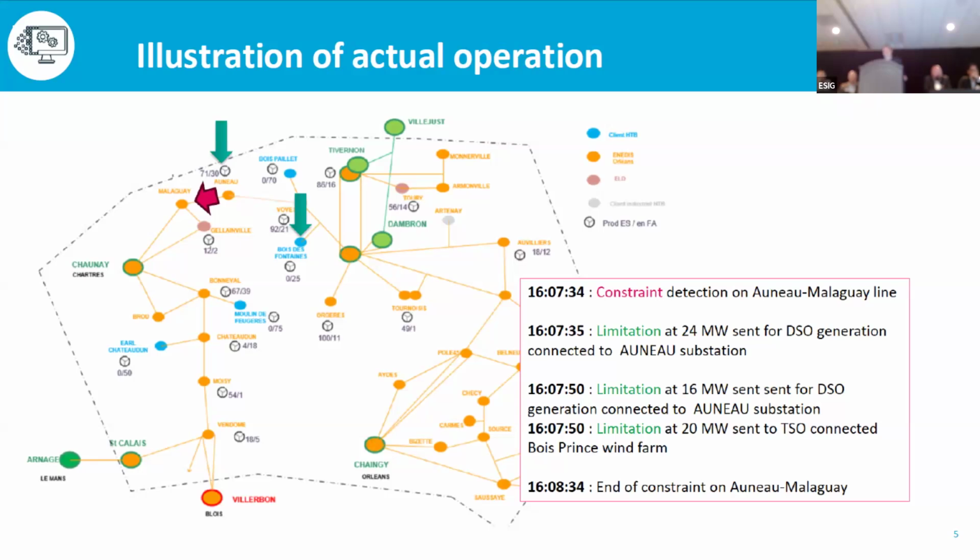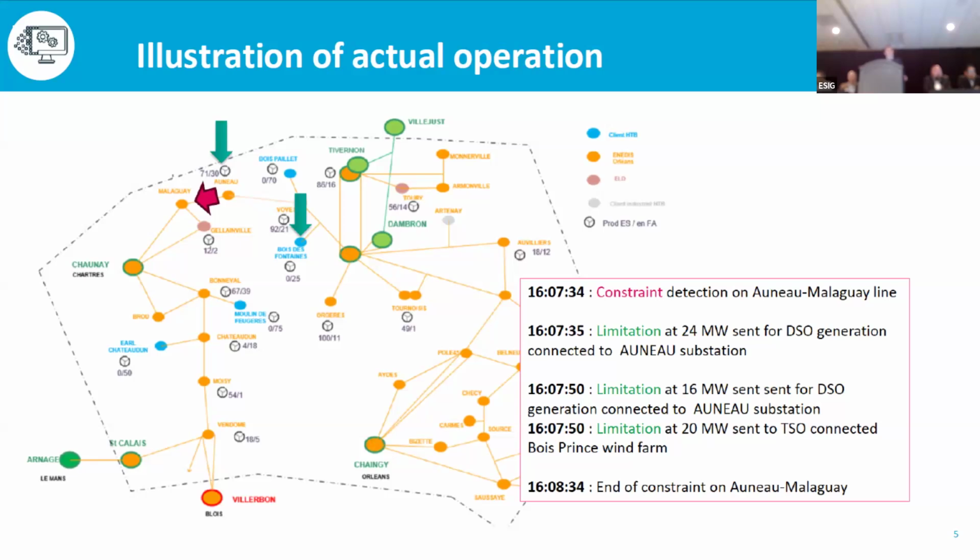And here you can see if you have a constraint on the line that's marked in red, within just 1 second, the system determined that it would send a limitation on one of the lines, and then determine some additional actions would be needed, and then comes back later and determines that this was actually resolved.